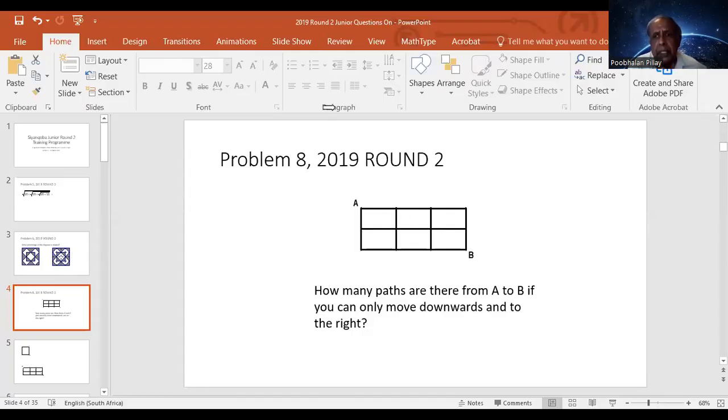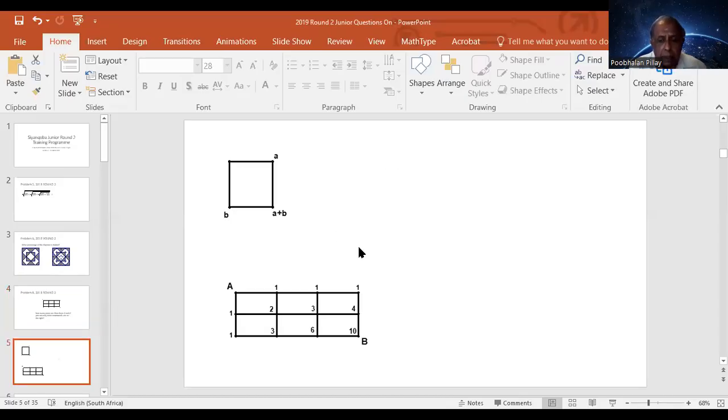Now, the observation here is the following: when you go to any intersection point, let's just go to my screen here. I'll explain these numbers in a moment. Suppose you've got an intersection point here, right? You're coming from there to this point here.